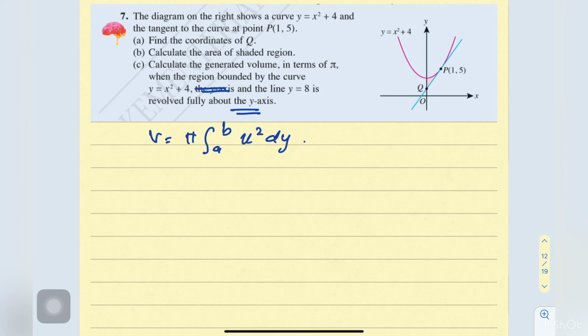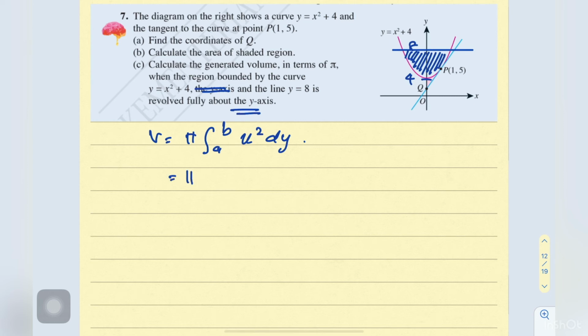We must identify the region first. The curve has a minimum point at 4, and the line y equals 8 is somewhere here. So the area bounded by the curve and the straight line is this area, which we rotate about y to find the volume.